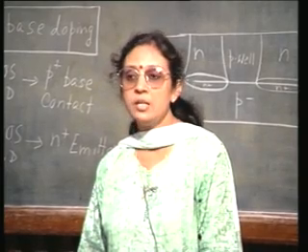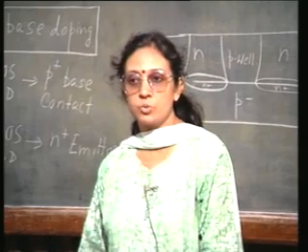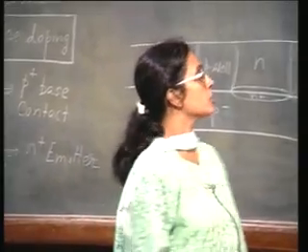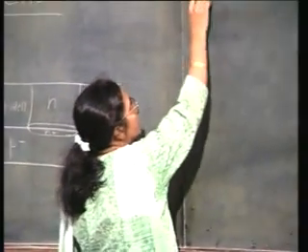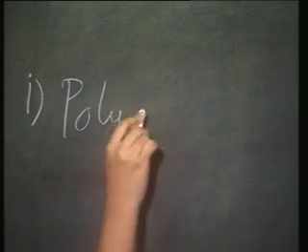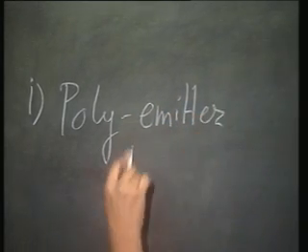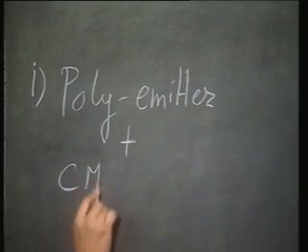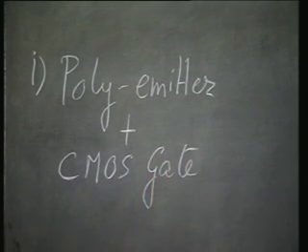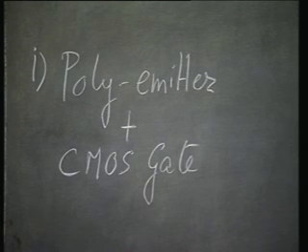We could have the CMOS gate and the emitter merged together. The poly deposition can be the same step. So, let us see further refinements. These two can be clubbed together, poly-emitter and CMOS gate.